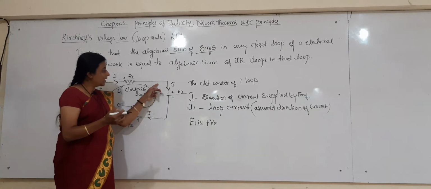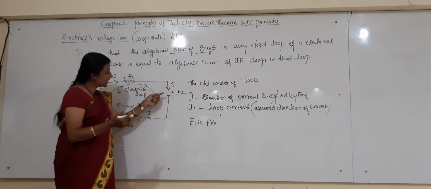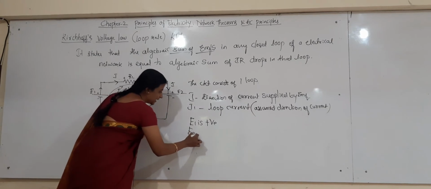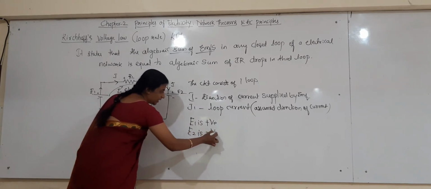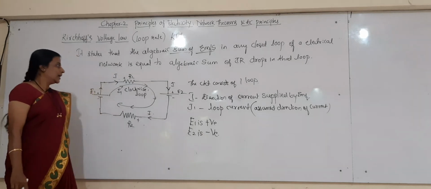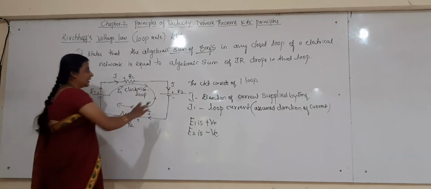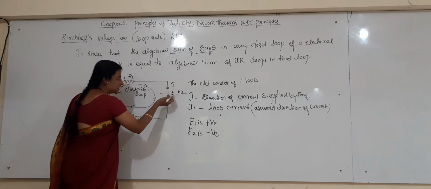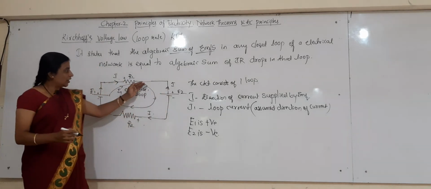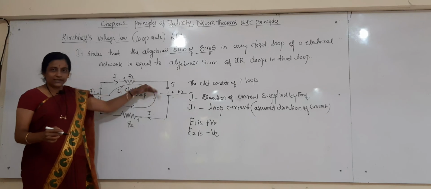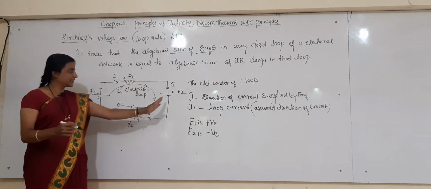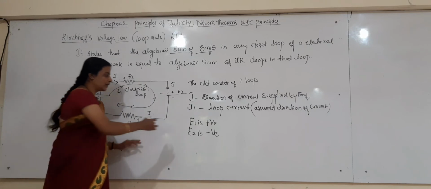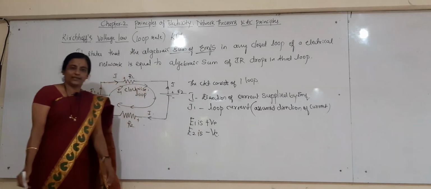Here we are moving through the battery in the opposite direction, from positive to negative. Because of that, E2 is taken as negative. The loop current flows clockwise, and the current supplied by the battery is in the opposite direction, so E2 is taken as negative.